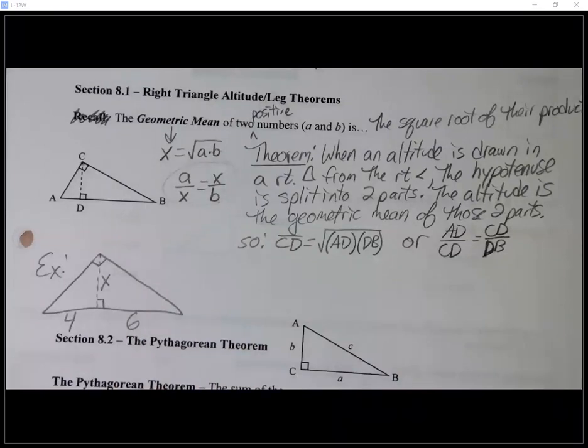The altitude is the geometric mean between the two pieces of the hypotenuse. When you get your answer, we don't want decimals. Really, this whole chapter, we're going to stay away from decimals.